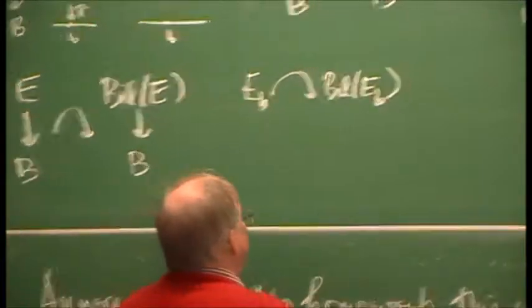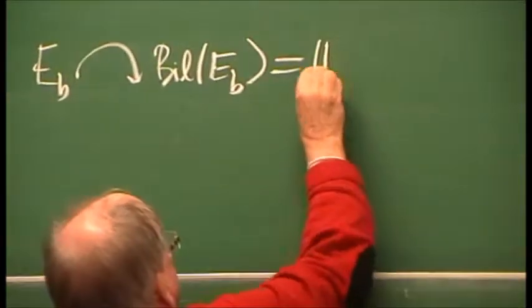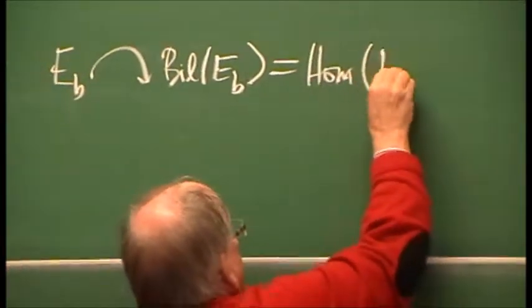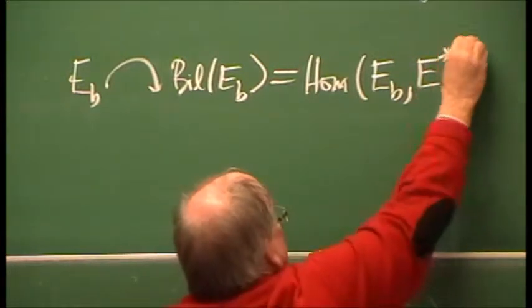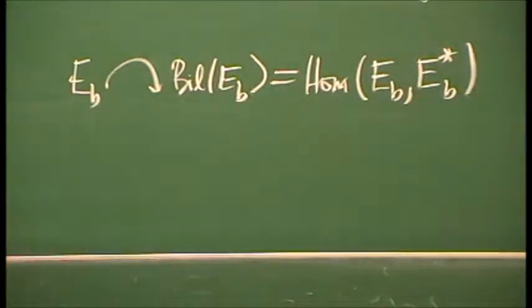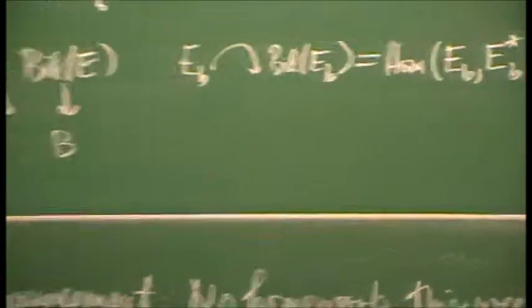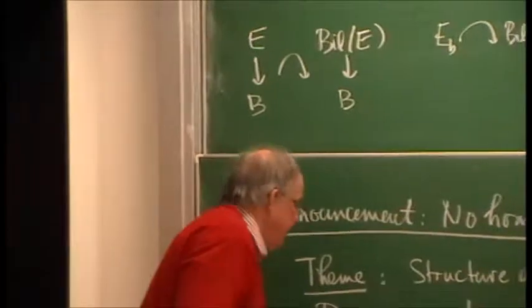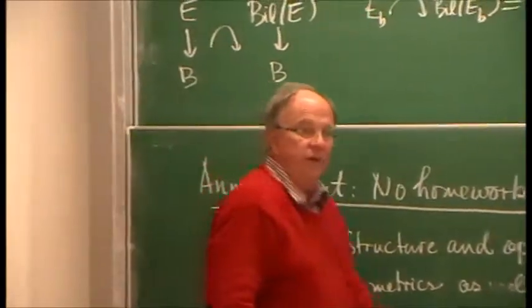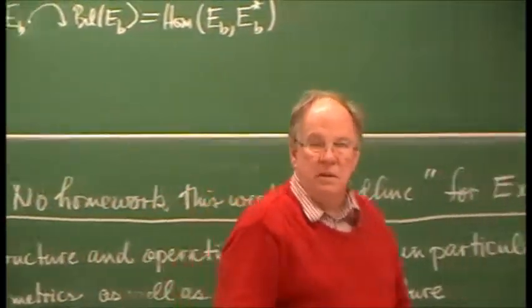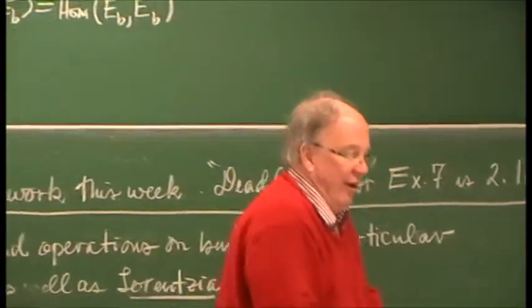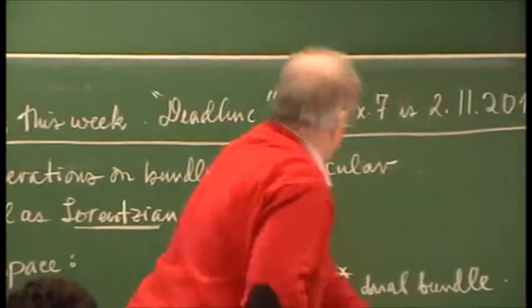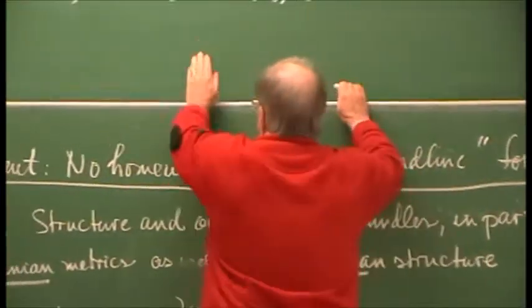Well, that's not so difficult. We replace the fibers by the maps from E_B to the dual space. We know how that is. And this is the idea. You start with one vector bundle, one vector space, and you have all these operations you can make here, and you get what we call associated bundles.